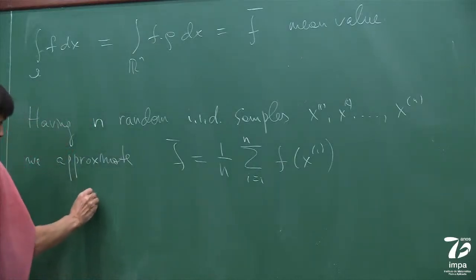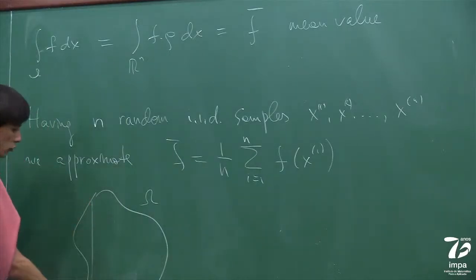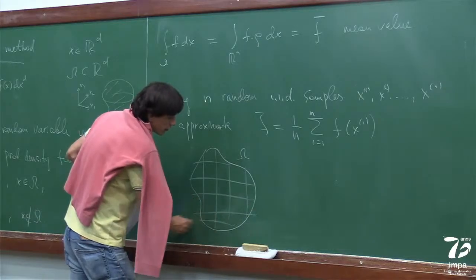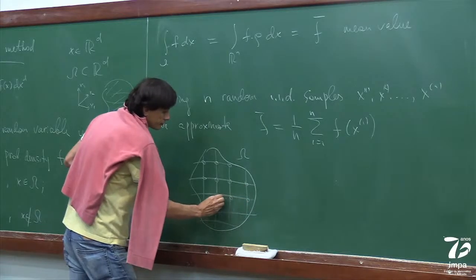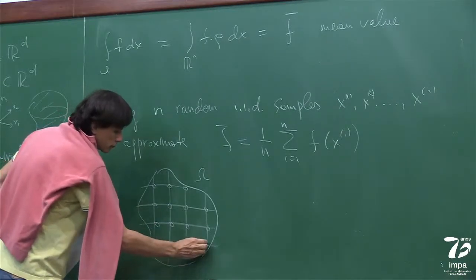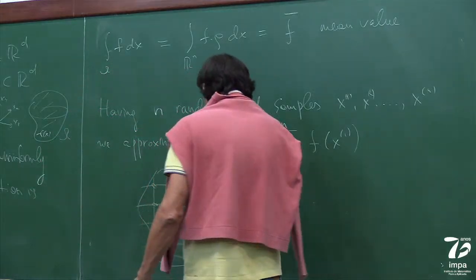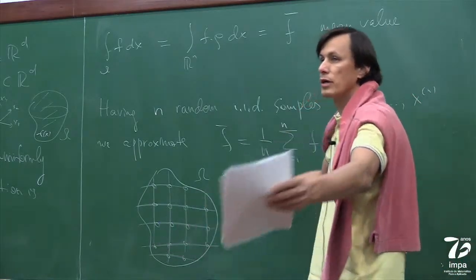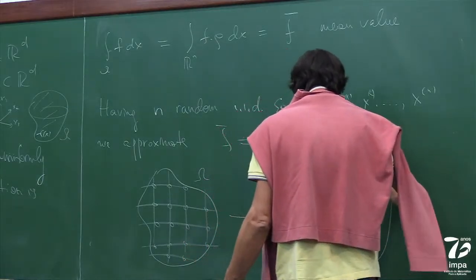If you would use the trapezoidal rule, you use a mesh and compute the function at nodes, and then take a sum. For high dimension, this turns out to be heavy because you need to put a lot of points. Every dimension gives you many more points in each direction. So instead of this, you take the same volume.